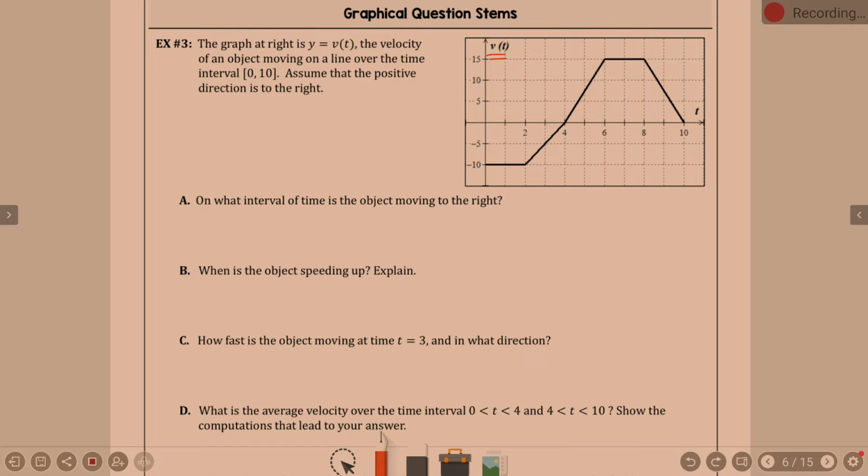When does an object move to the right? When velocity is positive. So, when is velocity positive here?